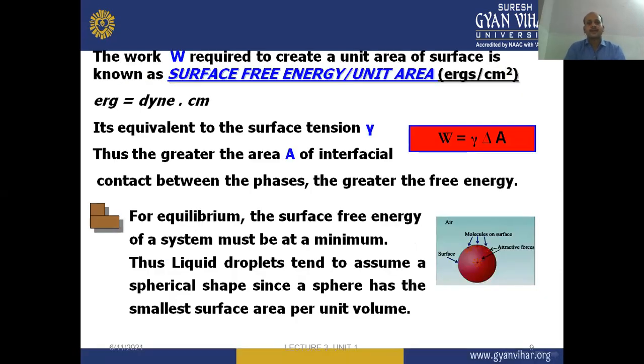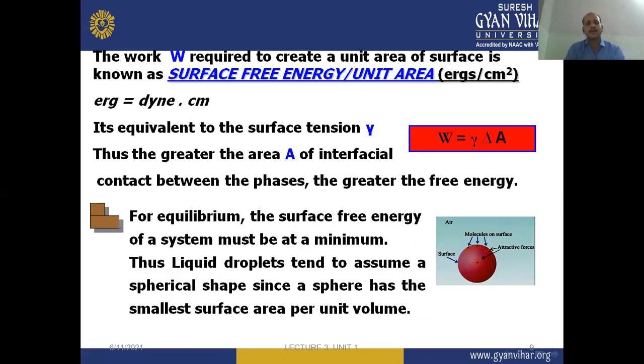The work W required to create a unit area of surface is known as the surface free energy per unit area, and the unit of this surface free energy per unit area will be ergs per centimeter squared in the CGS system.